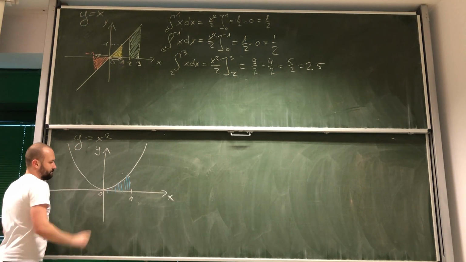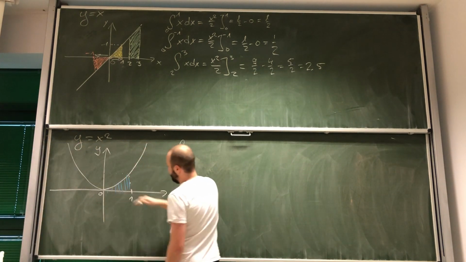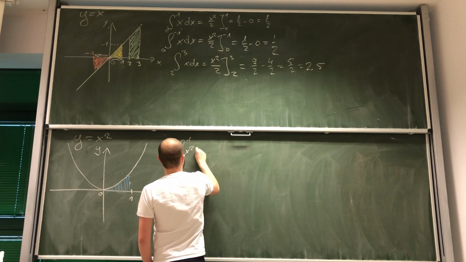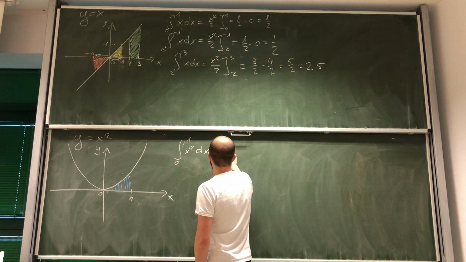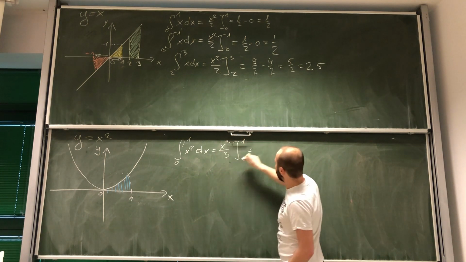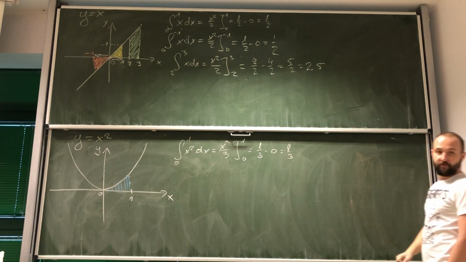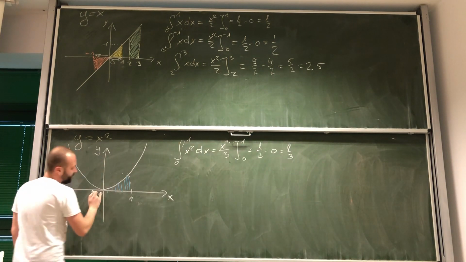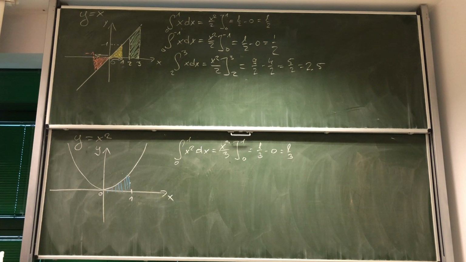So I calculate the definite integral from 0 to 1 of x squared dx. The indefinite integral is x cubed over 3, from 0 to 1. So this is 1 over 3 minus 0, which is 1 over 3. So the size of the area between 0 and 1 below x squared is 1 over 3.